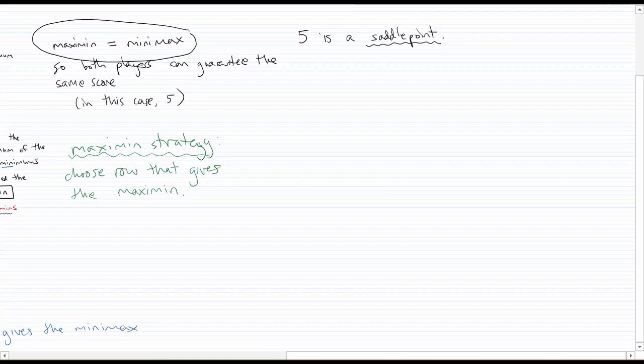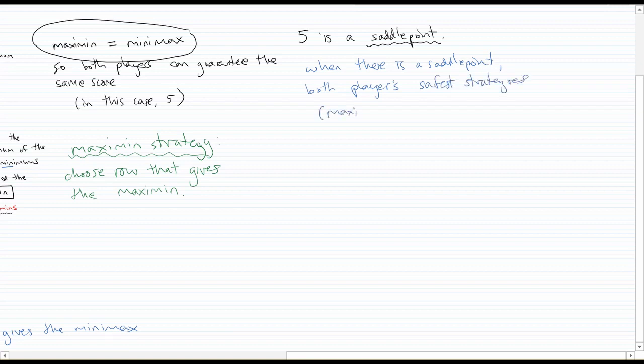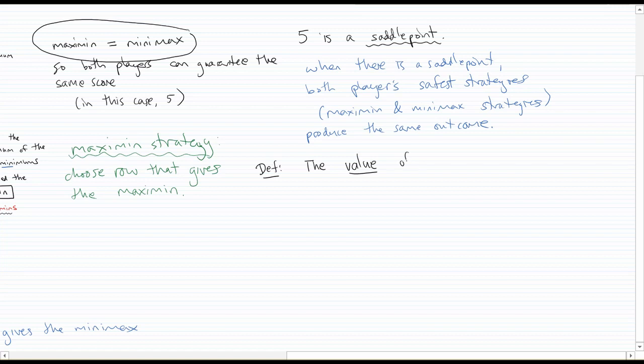Now we'll see in a second why it's called a saddle point, but for now what I want you to notice is that when there's a saddle point, both players' safest strategies, their Maximin and Minimax strategies, produce the same outcome. Now I want to throw a definition out there. The value of a game is the score that both players can guarantee.